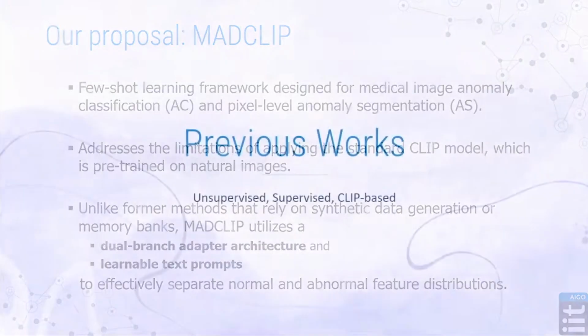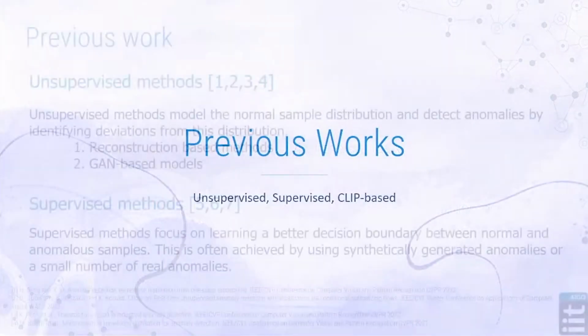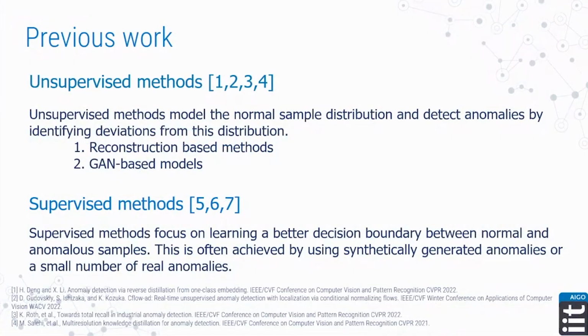Let me give a very short introduction to the state of the art. It is typically subdivided into unsupervised methods, which consider just normal samples, not abnormal data, and the abnormality is just a deviation from the normal distribution of the data. Normal not in the sense of Gaussian, but in the sense of normal data.